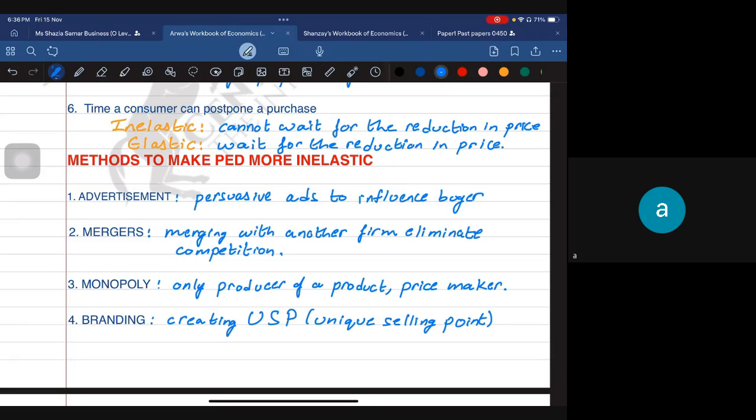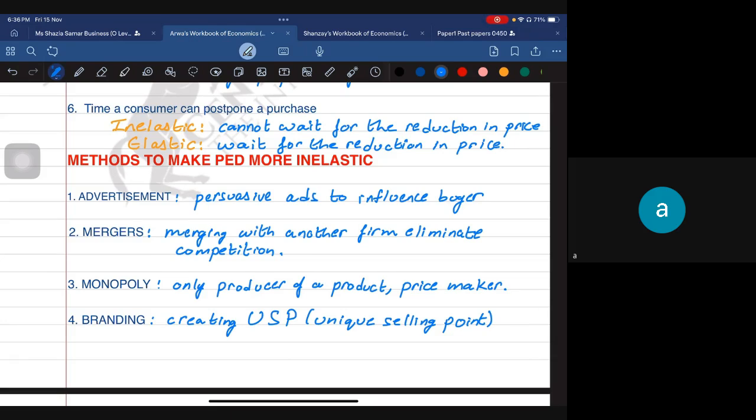Exactly. Those brands' marketing tactics are based on the fact that they have something unique to sell. Their unique selling point basically makes their product more inelastic compared to the other products in the market which are more elastic.